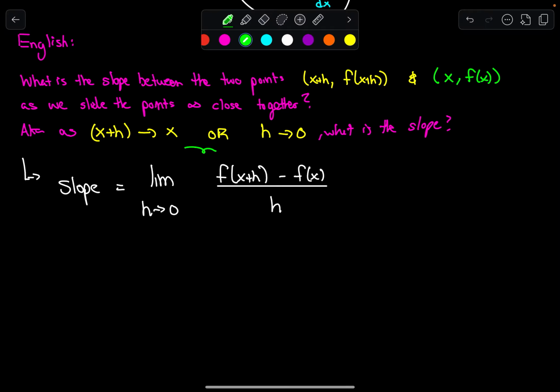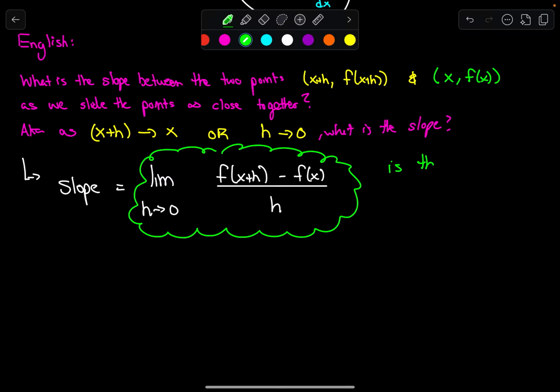Okay? And this formula right here, this mathematical idea, is the limit definition of the derivative of f of x. Okay? This is it.